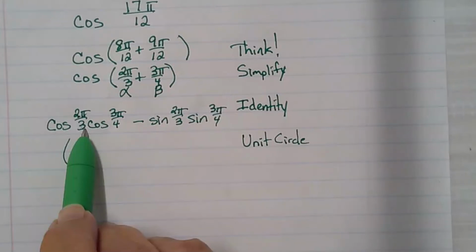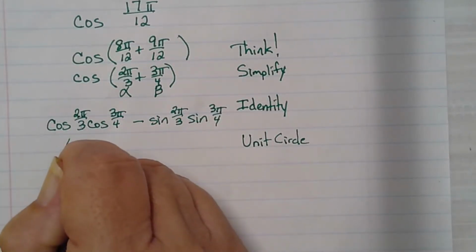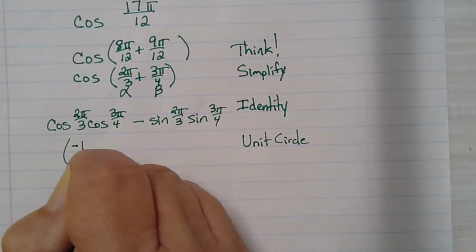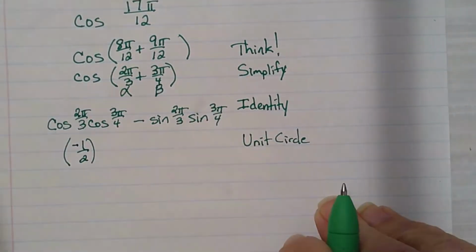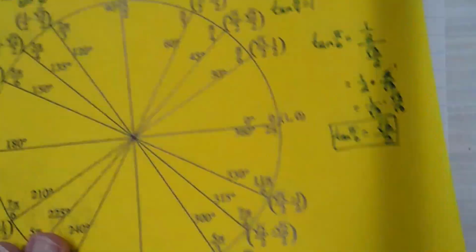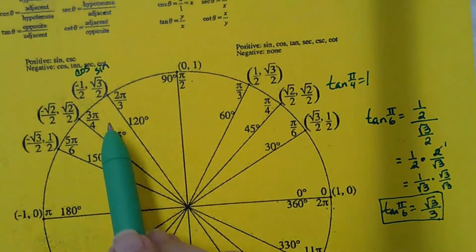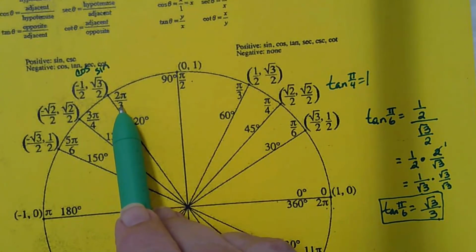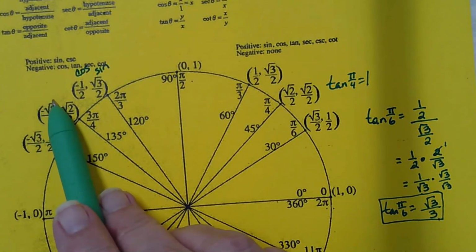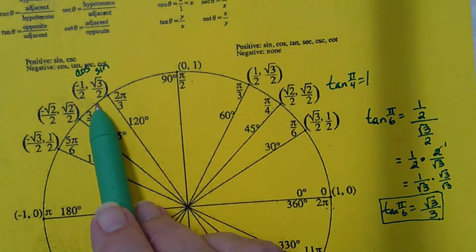Find 2 pi over 3. Cosine is negative 1/2. Make sure we're all looking at the right place here. Remember, in your ordered pairs, x is your cosine, y is your sine. So cosine is negative 1/2. Okay.